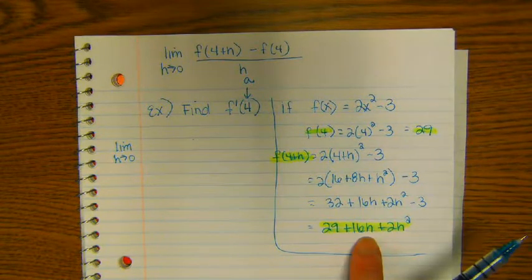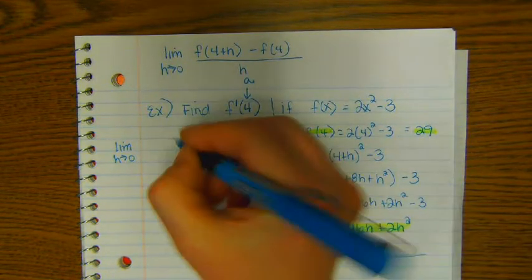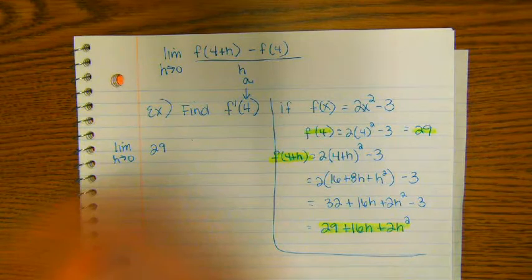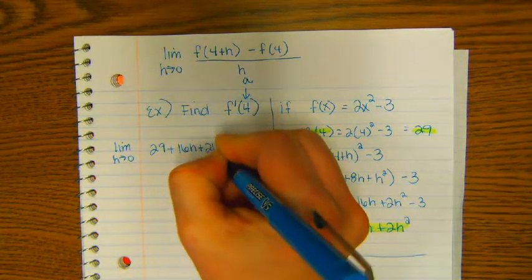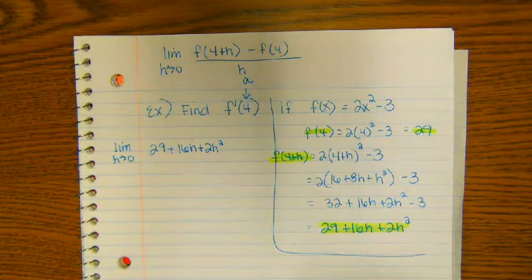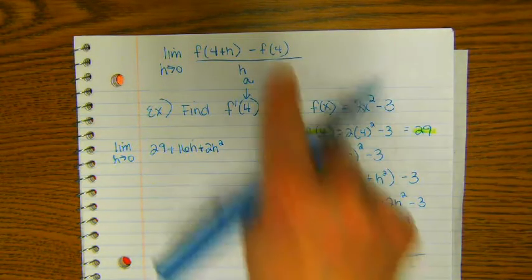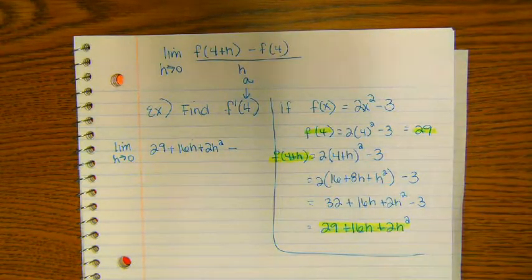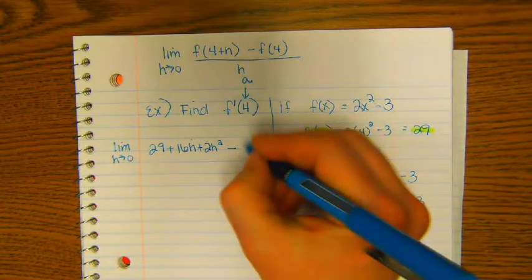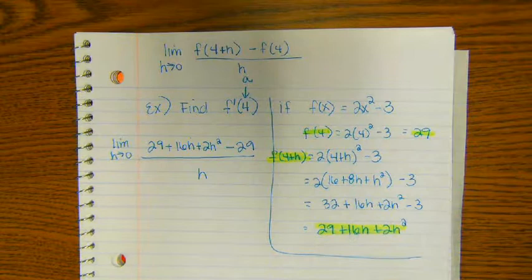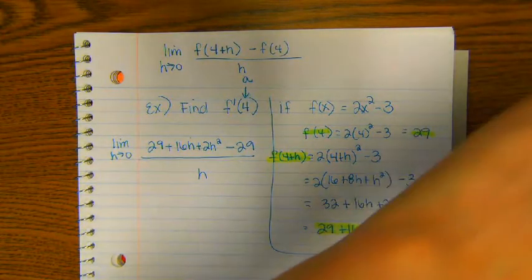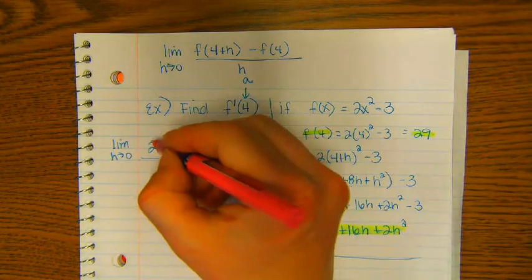Good. 29 plus 16h plus 2h squared. And yep, minus f of 4. So then I have to write minus 29 all over h.